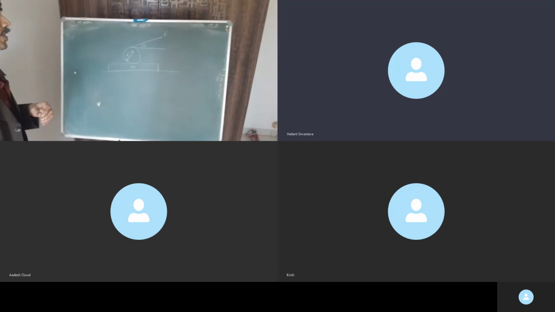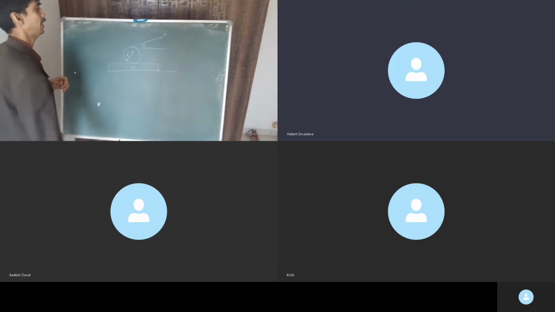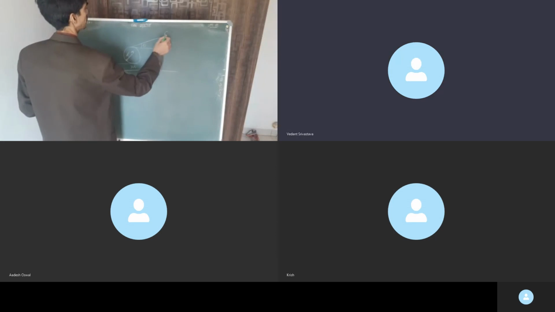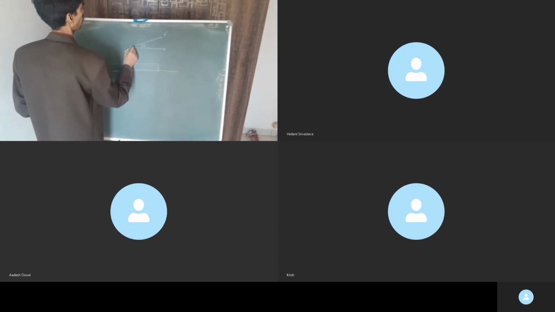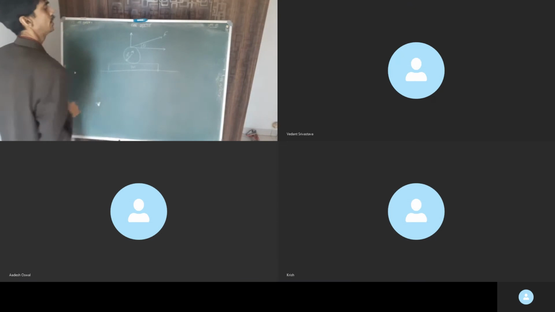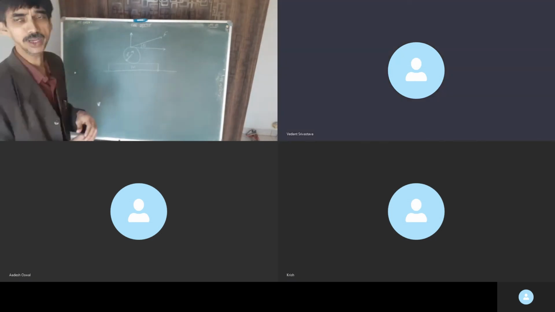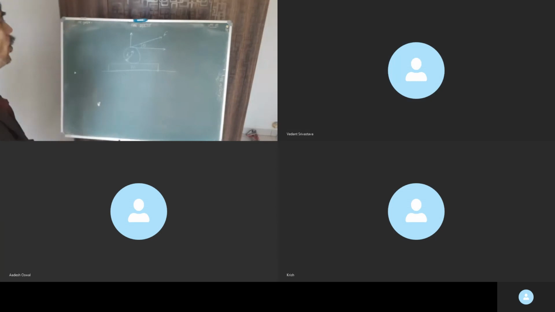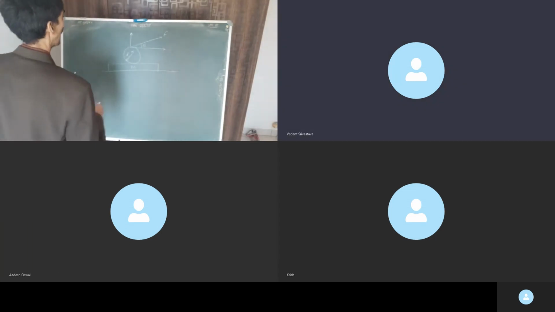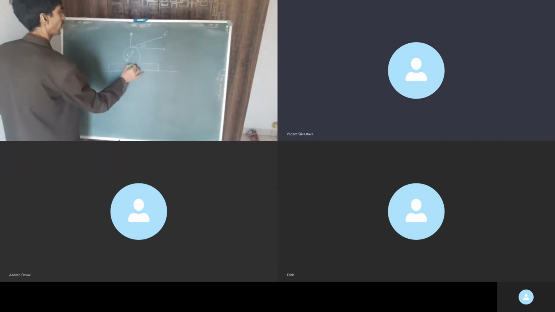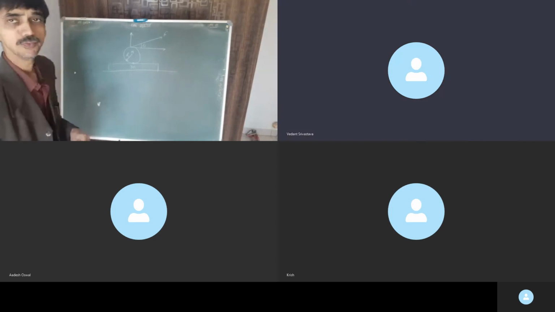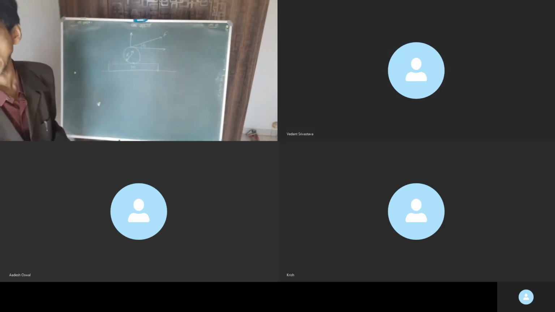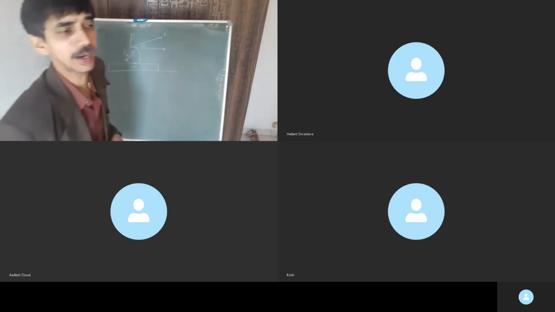First things first, if you apply force in this direction, you can break it into two components, no issue. My question is: will friction act at the point of contact or not, and if it acts, in the forward or backward direction?